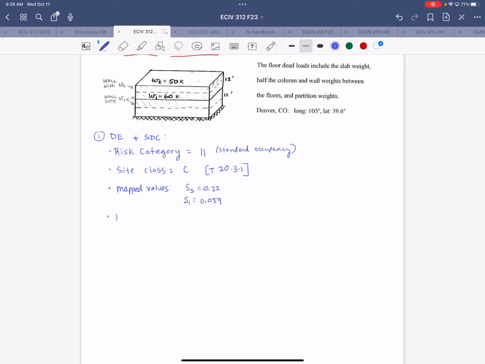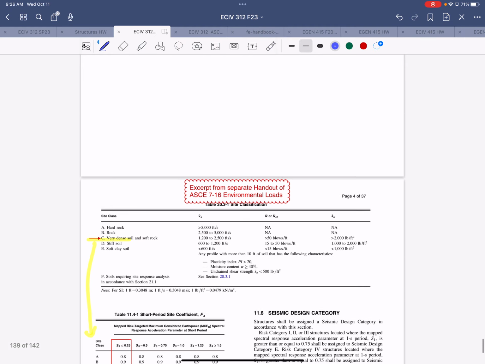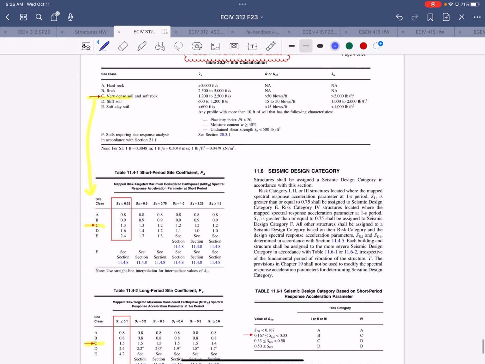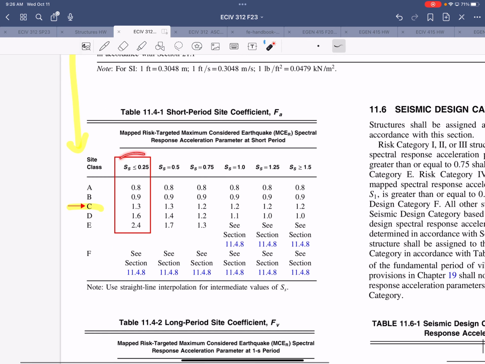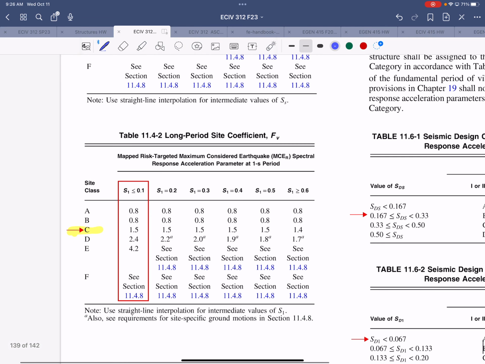And then our site coefficients, we can go back to that table. All right, so for SS of 0.22, that falls into this first column. So our FA value is going to be 1.3. For FV, we use S1. And we got an S1 of 0.059, so that also falls into this first column.